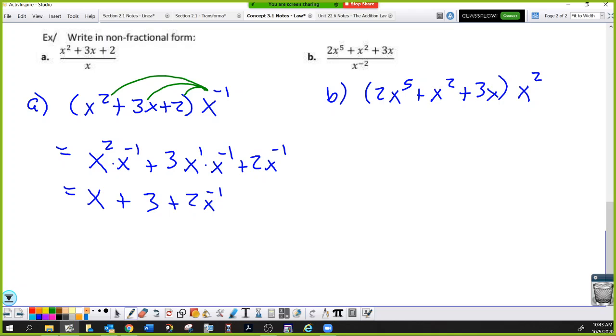So I bring it to the top, I multiply its exponent by -1, and then you just distribute that x squared across all three terms, giving you 2x to the 7 plus x to the 4 plus 3x to the 3. And it is that simple.